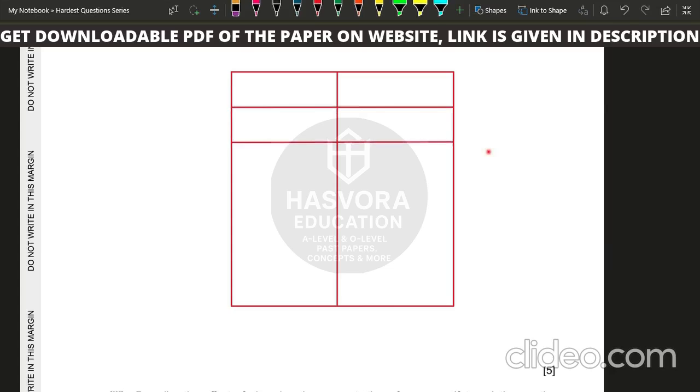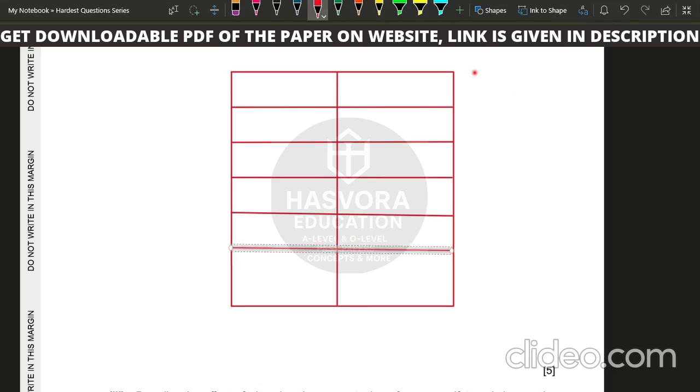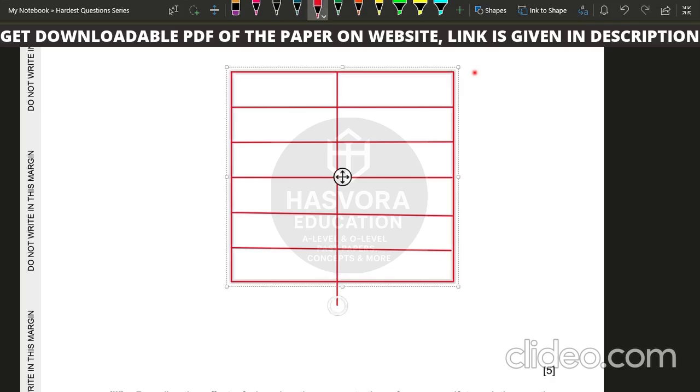This will be 1, then the second, then the third, then the fourth, and the last one will be the 5th. So I will just reduce the size of this table. Okay, so this will be perfect.